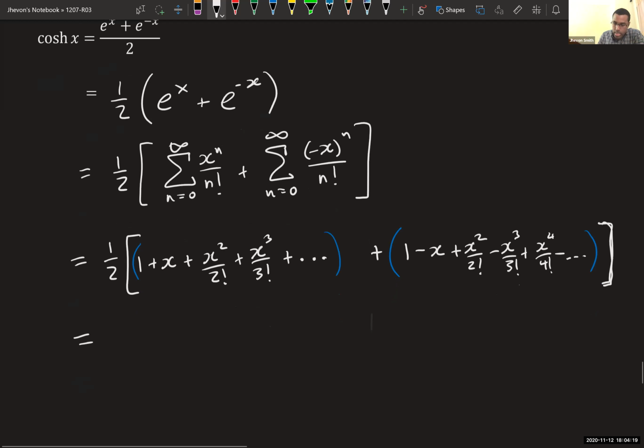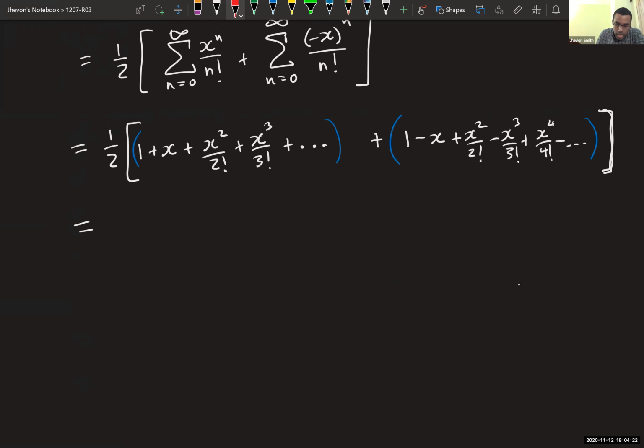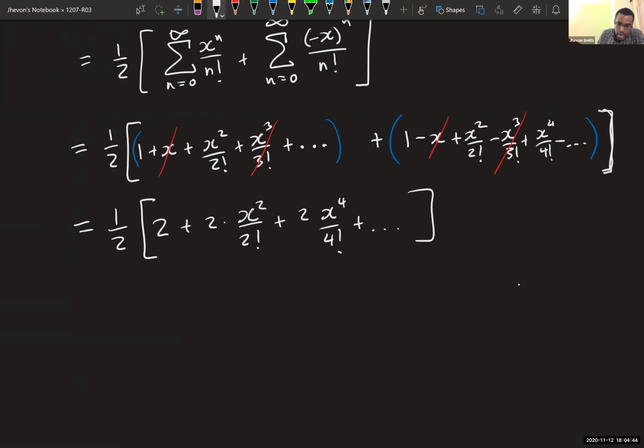If you start to see what's going to happen here, notice that the odd terms will cancel out, while all the even terms will double up. So here you'd have 2 plus 2 times x squared over 2 factorial plus 2 times x to the fourth over 4 factorial plus dot dot dot. And you can cancel this half into all of those 2's, and you would end up with 1 plus x squared over 2 factorial plus x to the fourth over 4 factorial plus dot dot dot.